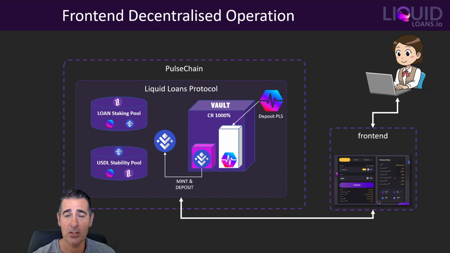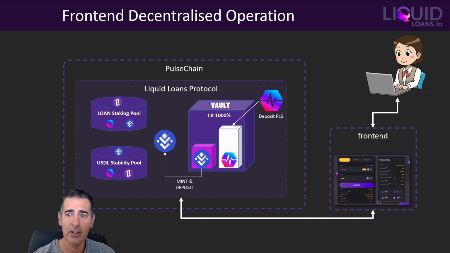In a lot of cases, you simply can't do it. Liquid Loans, very, very good from a decentralization point of view, to the point where multiple front ends can be spun up and you're free to interact with the back-end protocol using any of those front ends.